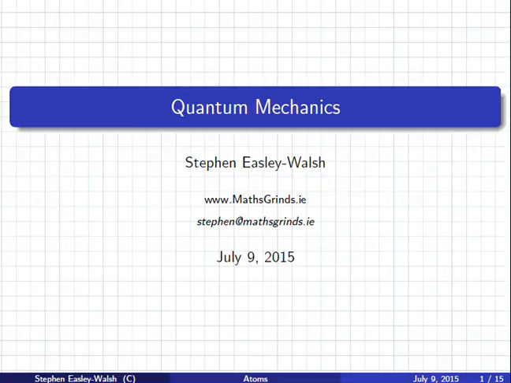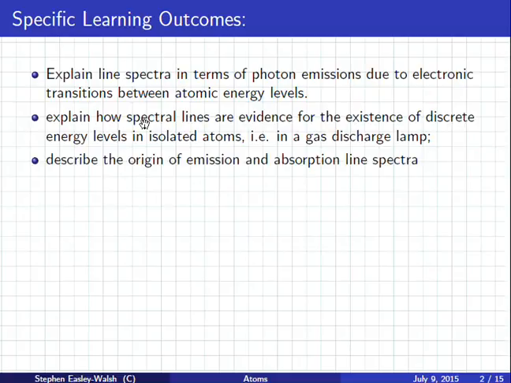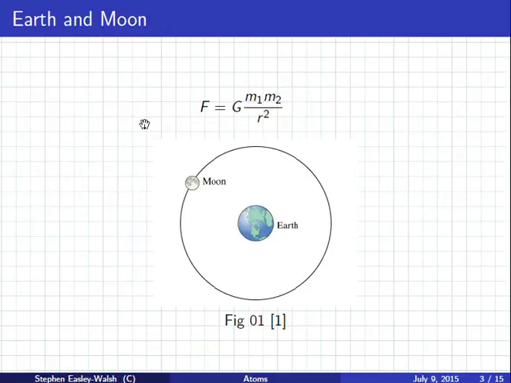If the quantum mechanics book is 300 pages, we're doing page 1. So we're really just having a little look at it. We're going to focus mostly on the hydrogen atom, and electrons as well.